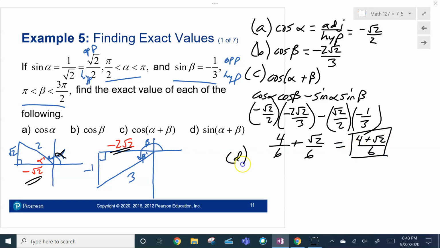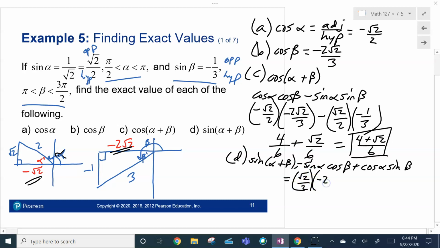Now the last one, sine of alpha plus beta, which we know as sine alpha cosine beta plus cosine alpha sine beta. What's the sine of alpha? Root 2 over 2. What's the cosine of beta? Negative 2 root 2 over 3.